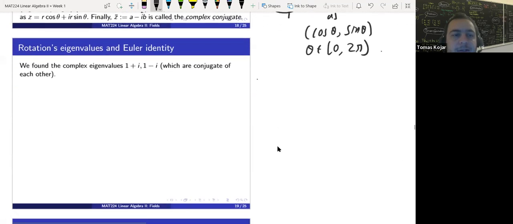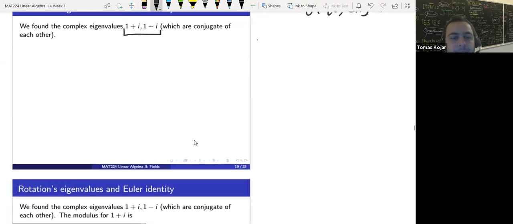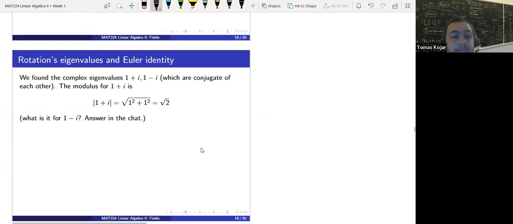All right, let's do an example. We found these eigenvalues for our rotation matrix, 1 plus i and 1 minus i, when we computed the roots of the characteristic polynomial. Note they're conjugates of each other because you have plus and minus and the same real part. So first we find the modulus.